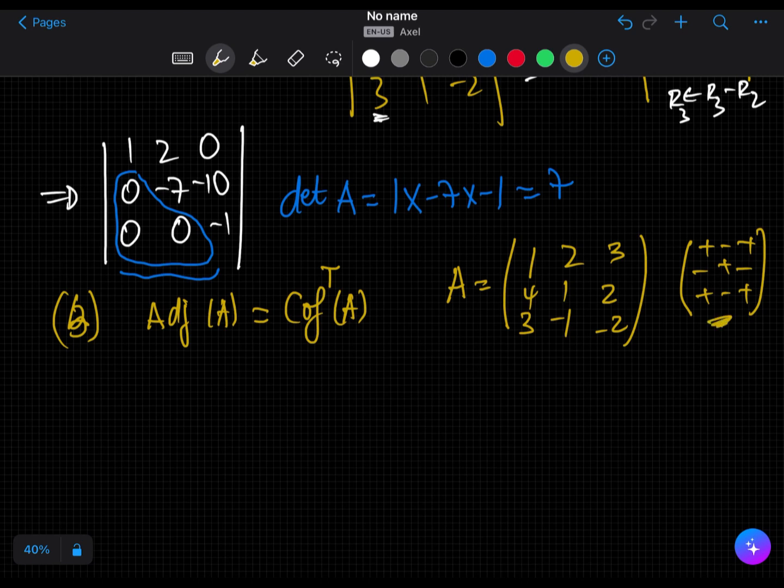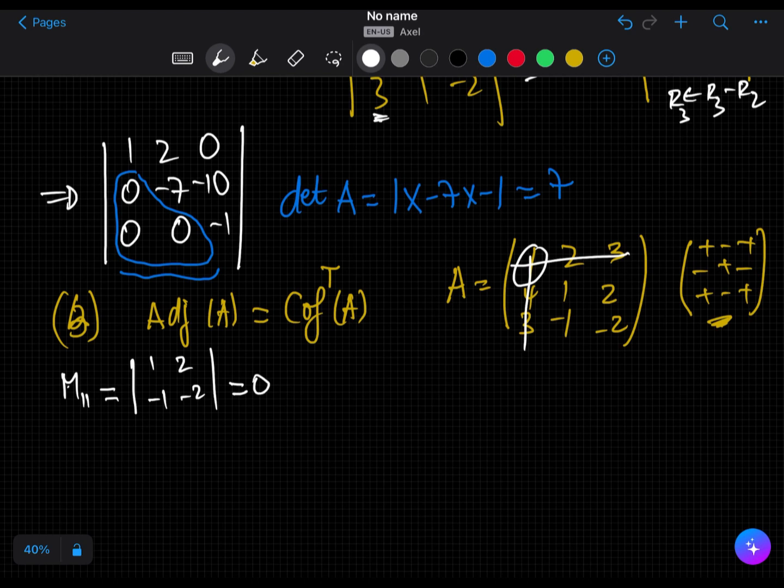Now let's find the minor matrix of the elements of A. So if I want to find M11, that is this element, right? What I do is that I do this. So what is remaining is 1, minus 1, 2, minus 2, and M11 gives me 0, right?